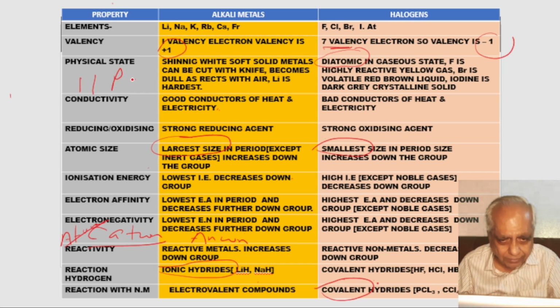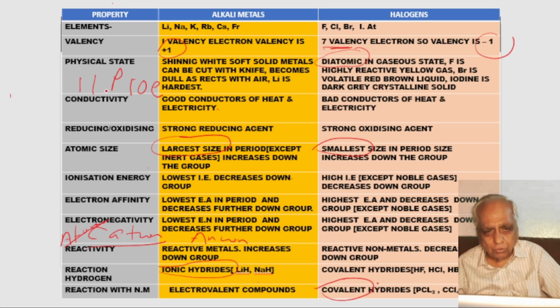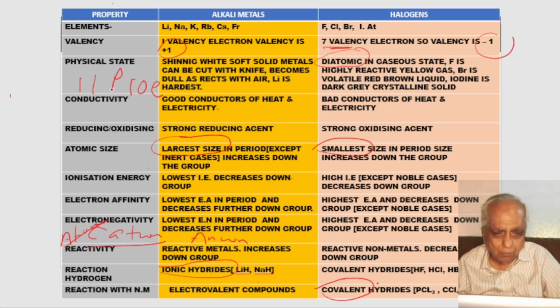Once it donates one electron, it will have 11 protons and 10 electrons. So in short, the attraction force will now be more, so the size will become less. So cations are always smaller in size compared to the atom.